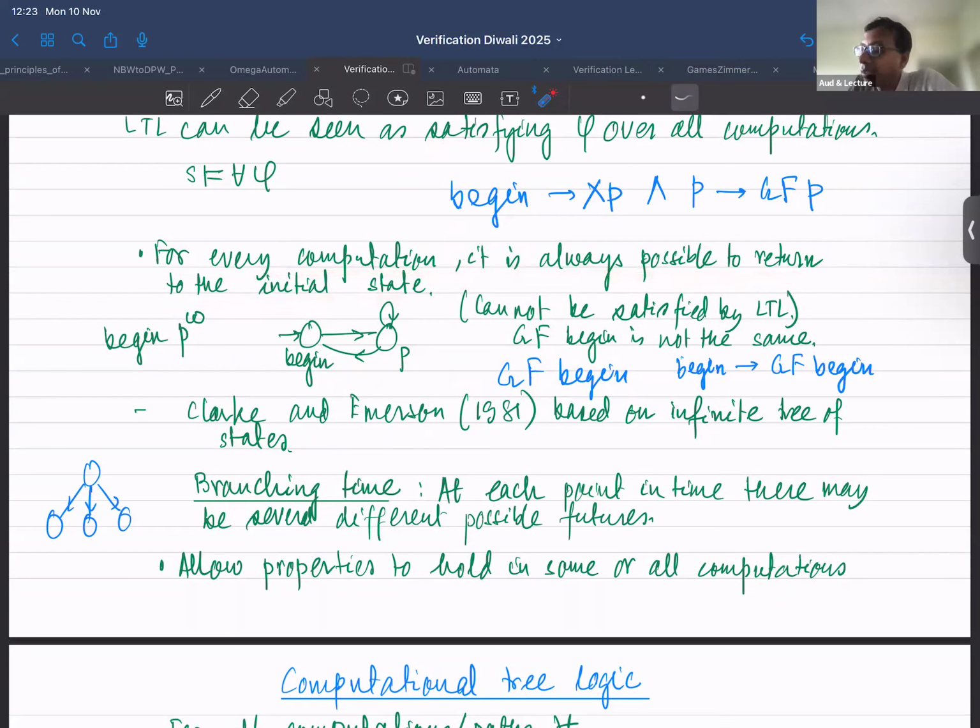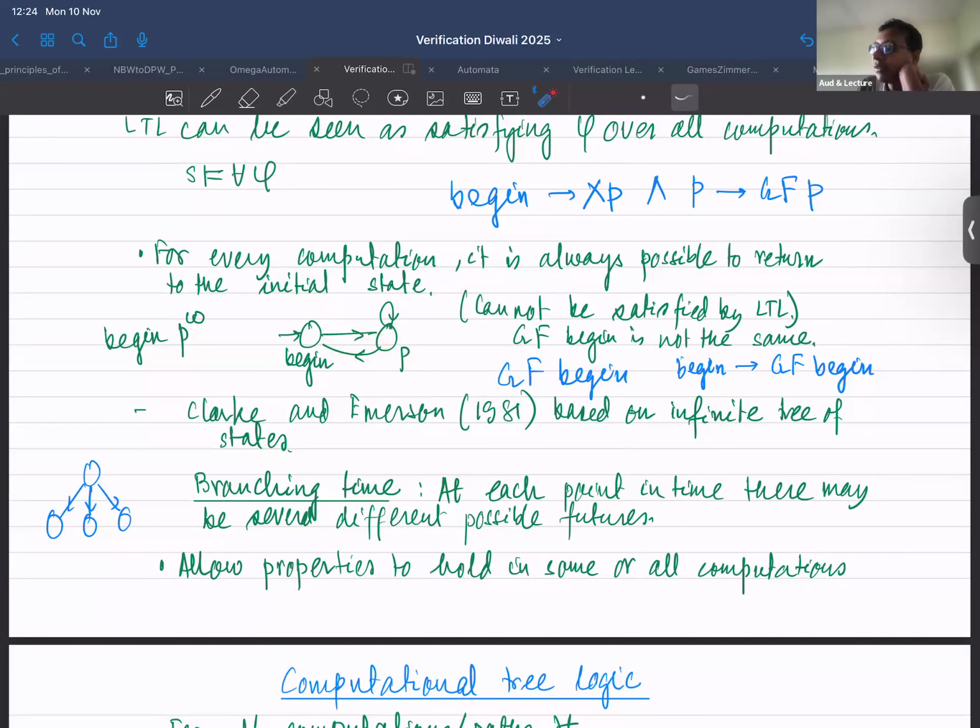You see that, if you talk about this, it is always possible to return to the initial or begin state. You start from here, whatever be the computation. So you start and then you stay here forever. But it is always possible to reach the begin state.